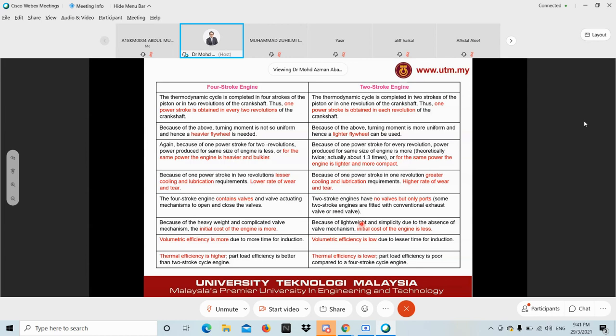I won't tell you many times, I will tell you now. So hopefully, if there's a question in your test or exam to list down 6 differences between four-stroke and two-stroke, there you go. This is your answer.